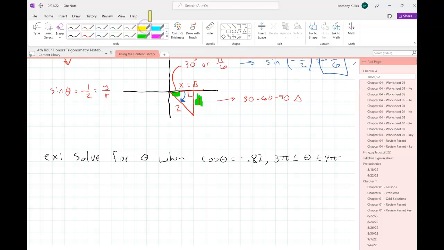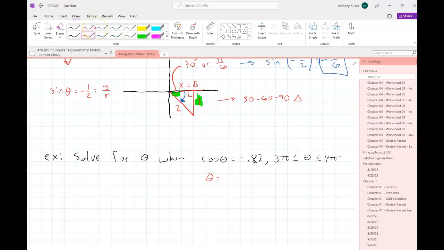So here, it tells me where I'm looking for my answer between, right? That's the new interval that I'm looking for it on. It's not going to be the range of cosine inverse, which I need to use to solve this. I'm going to need to adjust that answer, make sure the answer I'm finding from cosine inverse matches this description.